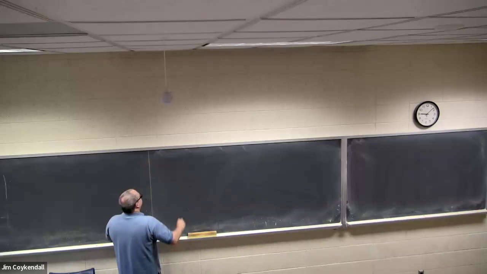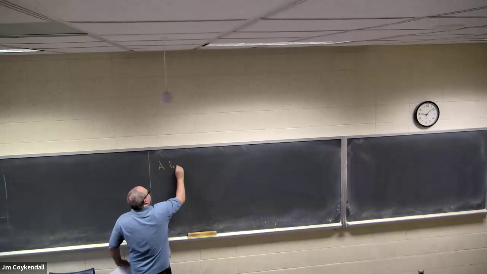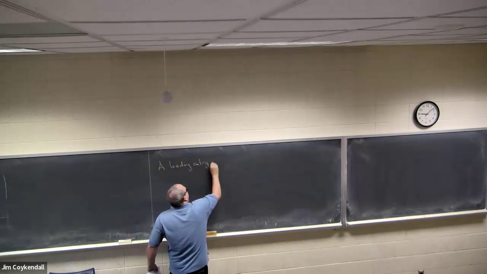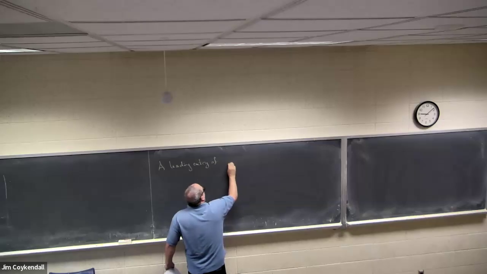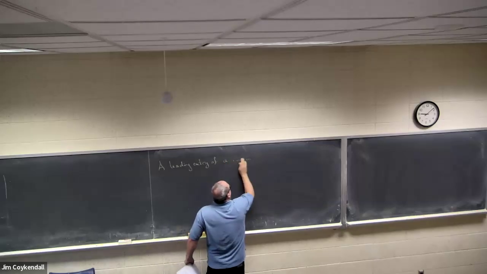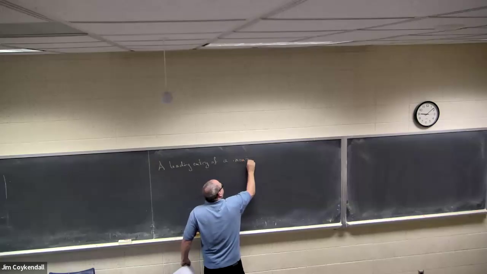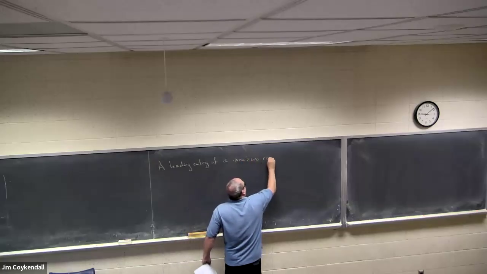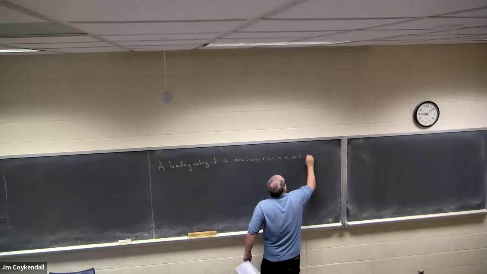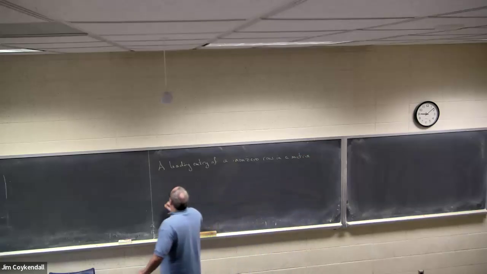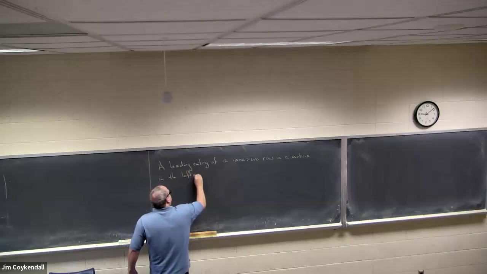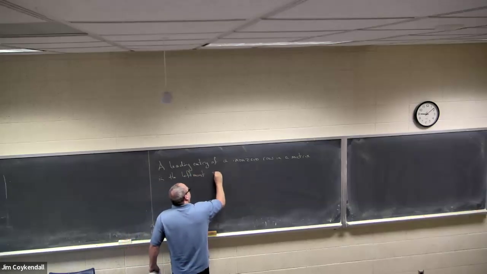So a leading entry of a non-zero row of a matrix is the leftmost non-zero entry.